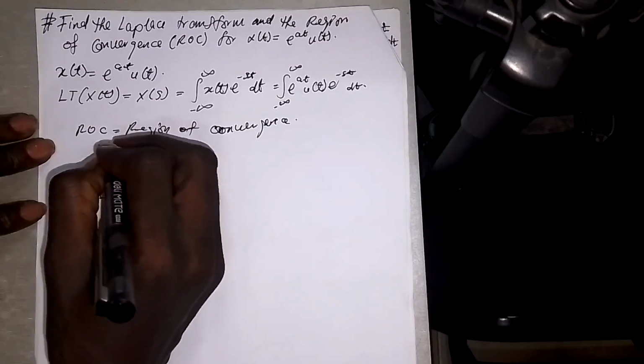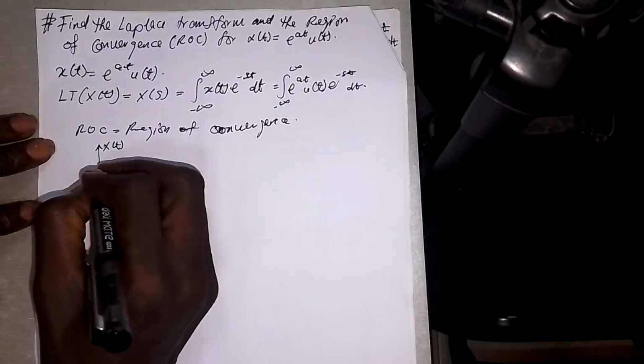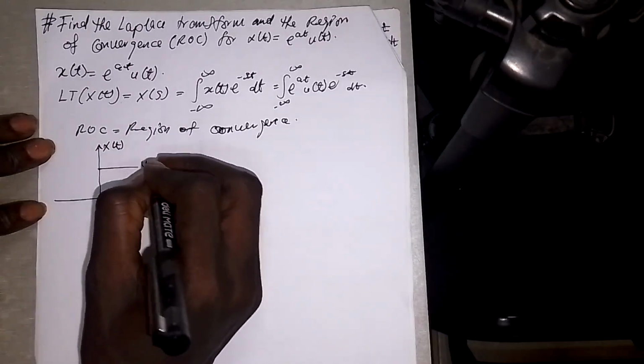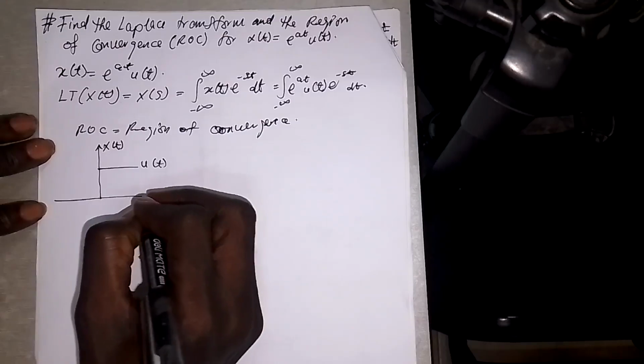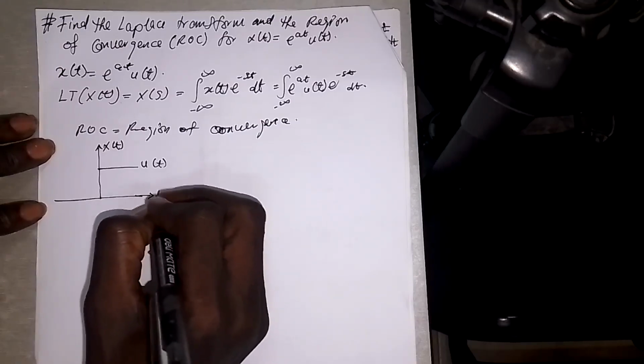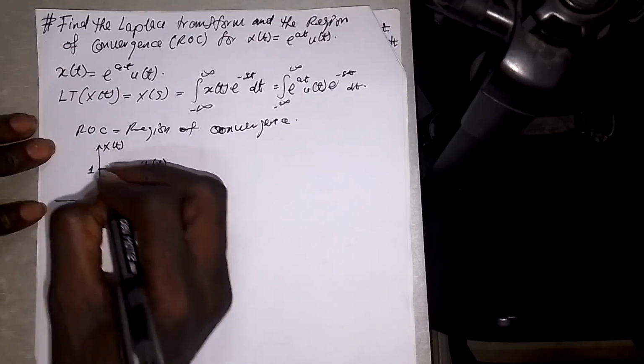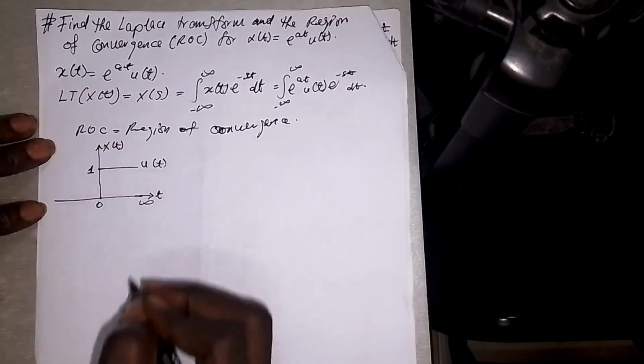So here is x of t, and then here is my u of t, and here is t. And here is 1, and here is 0. Here is infinity.